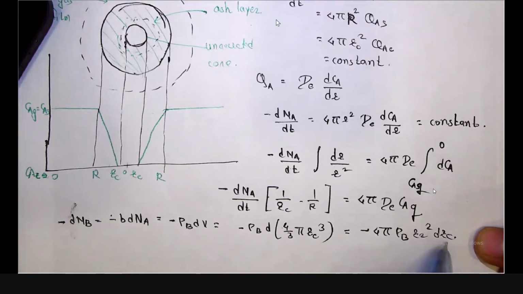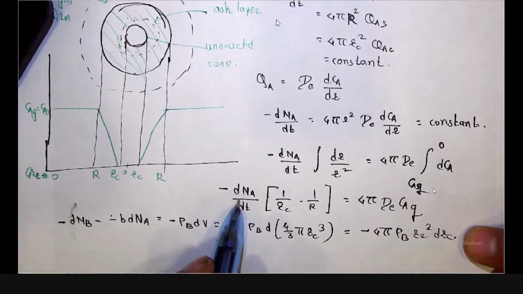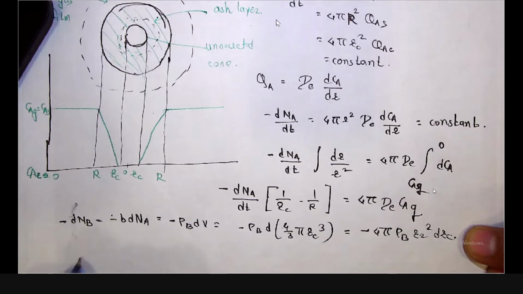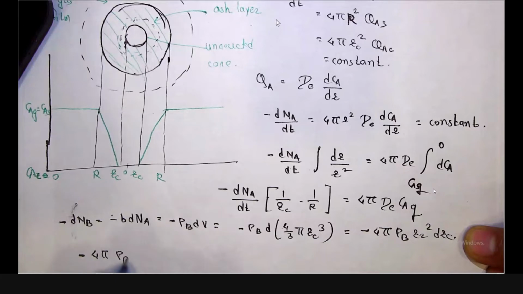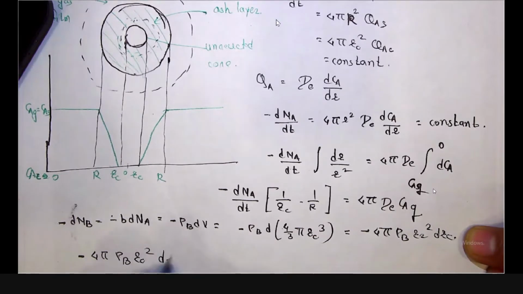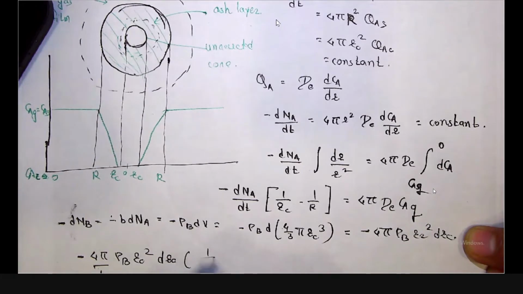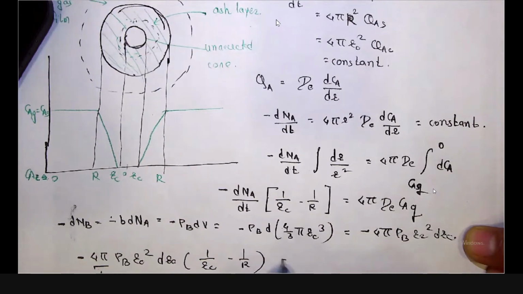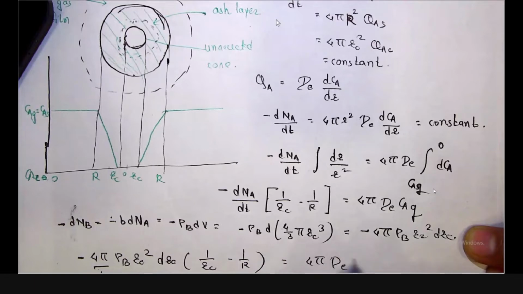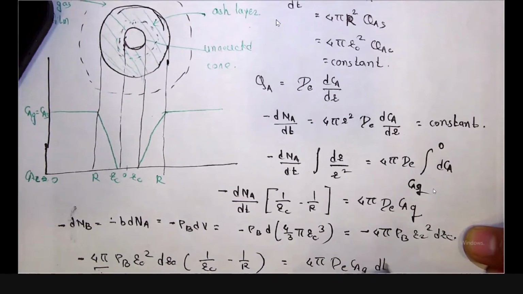So substitute here dNA. So dNA is equal to minus 4 pi rho B rc square drc upon b, into 1 upon RC minus 1 upon R, and is equal to 4 pi DE CAG dt, is it?